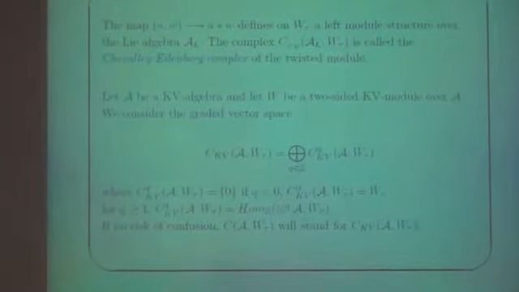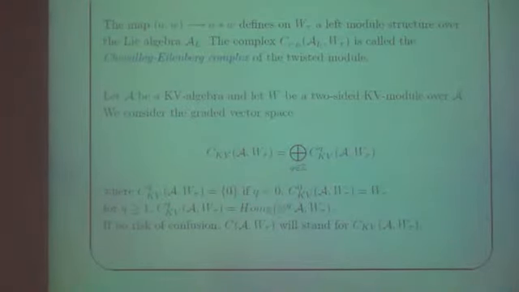Anyway, there are several. We can define the standard Chevalley-Eilenberg complex and cohomology for the associated Lie algebra script L of A, and we can define Koszul-Vinberg cohomology for the Koszul-Vinberg algebra A with values in this two-sided module W. In degree less than 0 we have 0, in degree 0 we have W_T, and in higher degrees we have linear homomorphisms from the tensor product of A into W. We have a special differential operator.